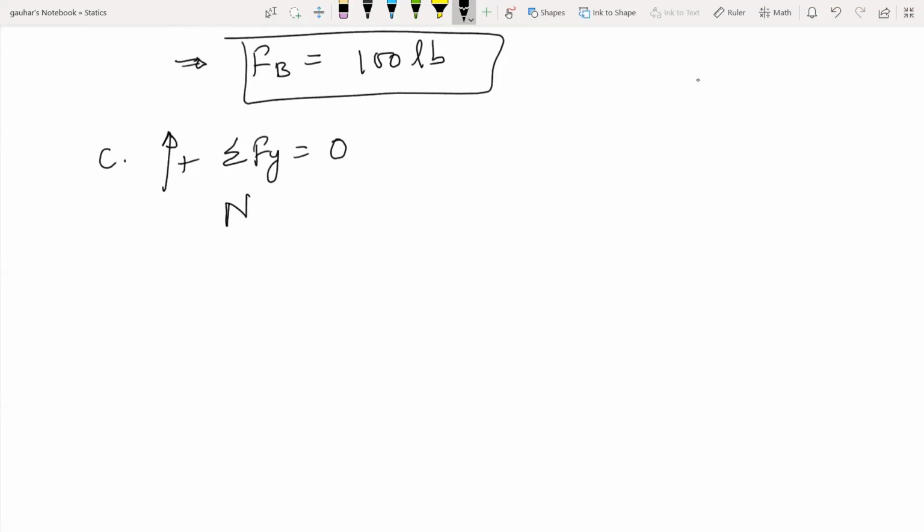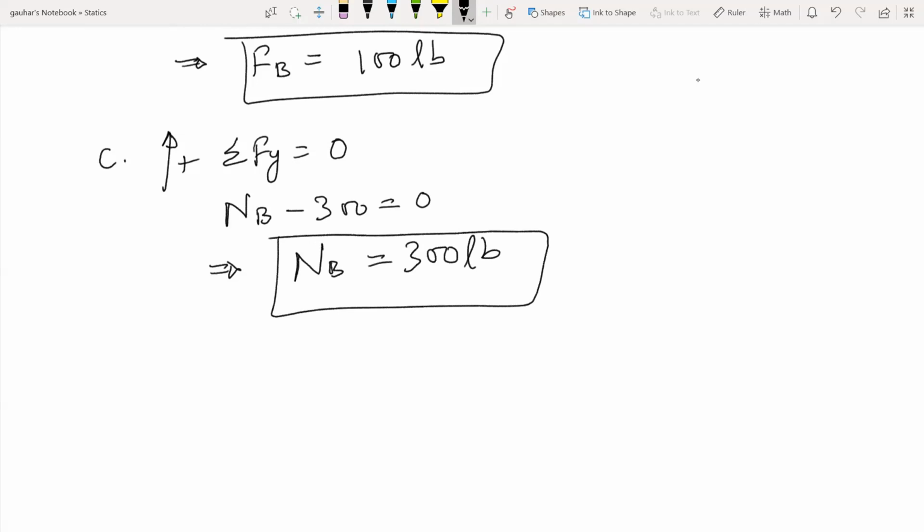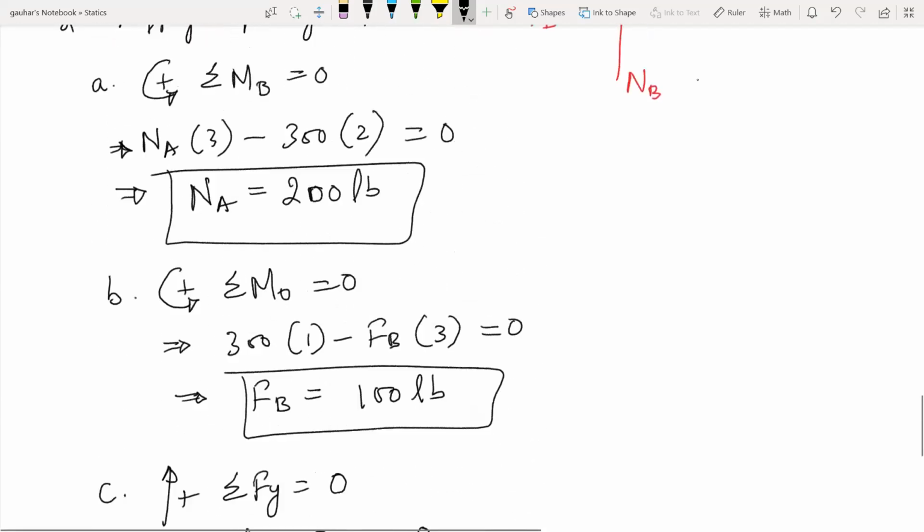If we do that, we only have N sub B and the 300 pound force, which is the weight, equal to 0. From here, we get N sub B equals 300 pounds. So that's the normal force at point B, and the normal force at point A, which we were required to find, we already found. That's how this problem is done.